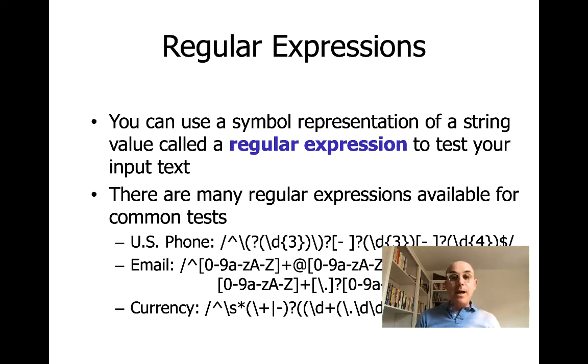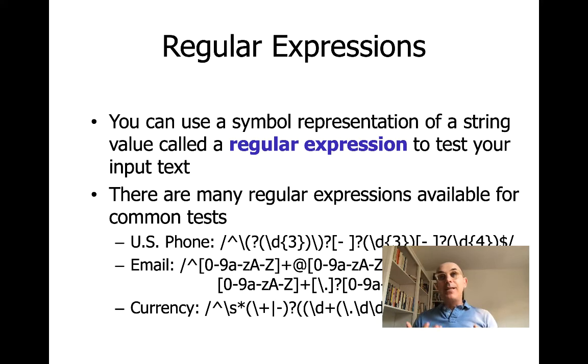If it's a US number, this is the way to validate it, because we have a structure of 3-3-4: 3 for the area code, 3 for the middle number, and then the last 4 numbers. Or email: in this case, I am allowing 0 to 9, A to Z, capital or not capital, and the at sign. And again, this is how I apply it in order to validate an email address.